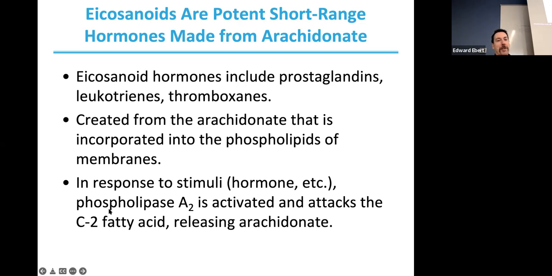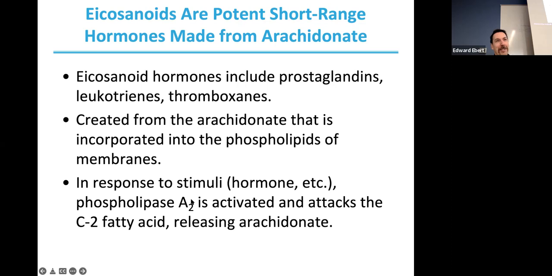So you can see here this enzyme is called phospholipase A2, right? That tells us that maybe there's an A1 or an A3, which would cleave fatty acid groups at position 1 or position 3. Usually not 1, because if this is a phospholipid, that's going to be where the phosphate group is.